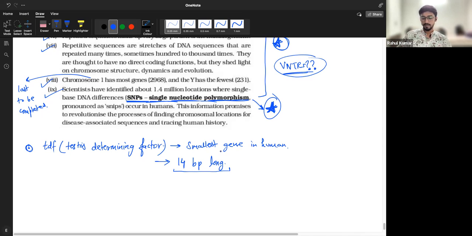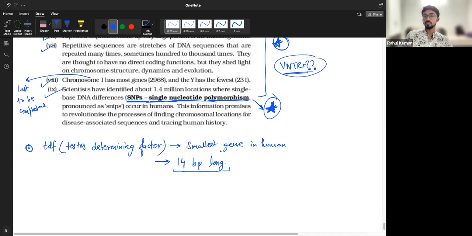When I got to know this, I felt that to be a male, you just need this 14 base pair long sequence in the DNA of the Y. Like you need the Y chromosome and you need this 14 base pair long gene that determines testes, and hence the male body is formed. Somehow the rest of everything is just present in the female body. The Y chromosome has these 231 genes, and apart from these 231 genes, everything else is present in a female body.